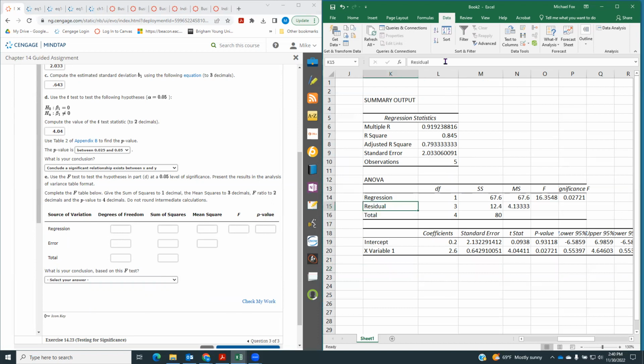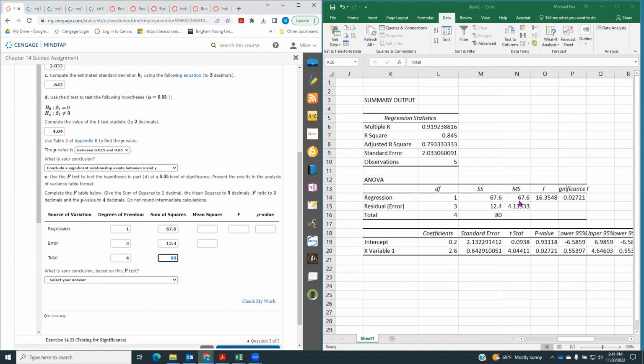Just remember, residual and error are the same thing. All right. And so under degrees of freedom, we'll see them listed as DF here. So we'll do 1, 3, 4. Under SS for sum of squares, we'll see 67.6, 12.4, and 80.